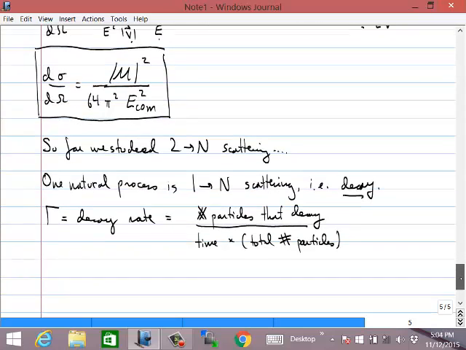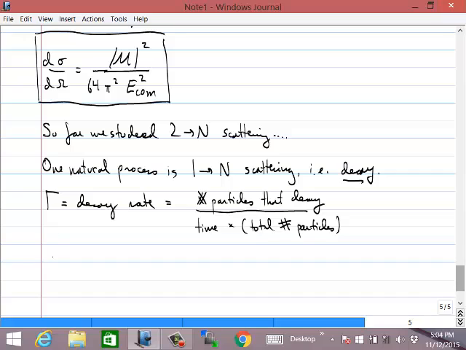And just as with the differential cross-sections, it's natural not to talk about a total decay rate, but to study a more refined quantity, the differential decay rate, d gamma, which describes the relative probability that a single particle will decay into n products that have some configuration of final momenta and energies.